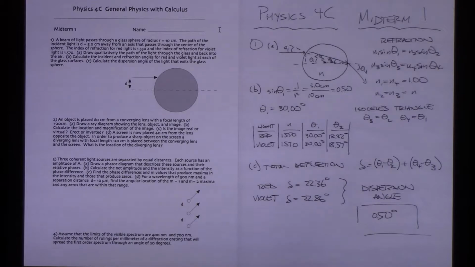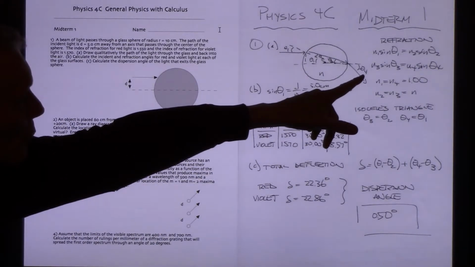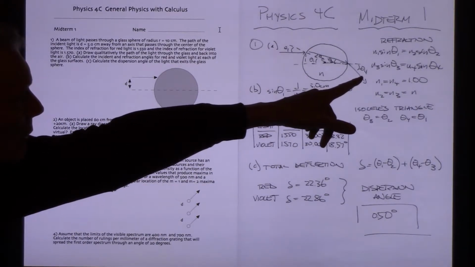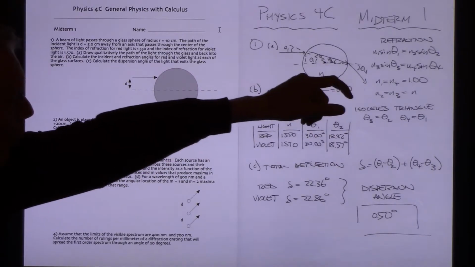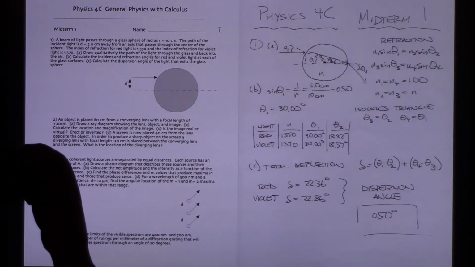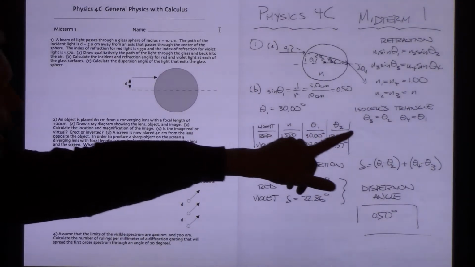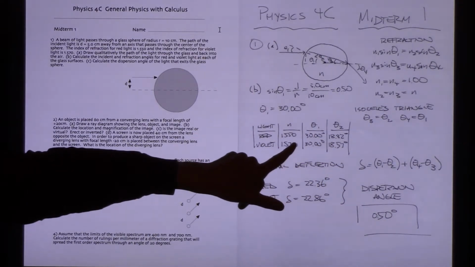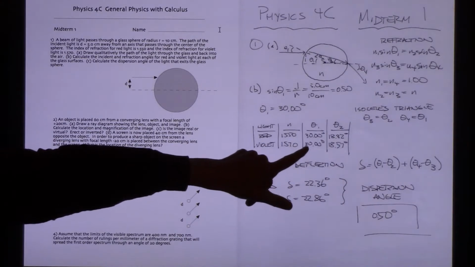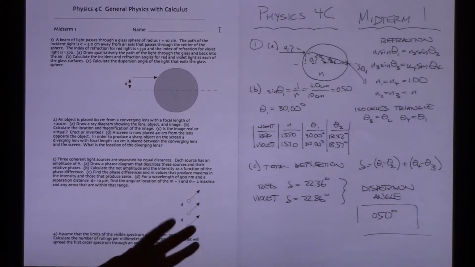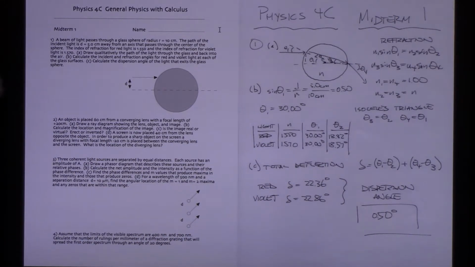Now, at first you might think there's no dispersion because theta 4 matches theta 4. But we realize now that the theta 4s that we calculate, it's true, are going to be 30 degrees and 30 degrees. So both of the theta 4s are 30 degrees.